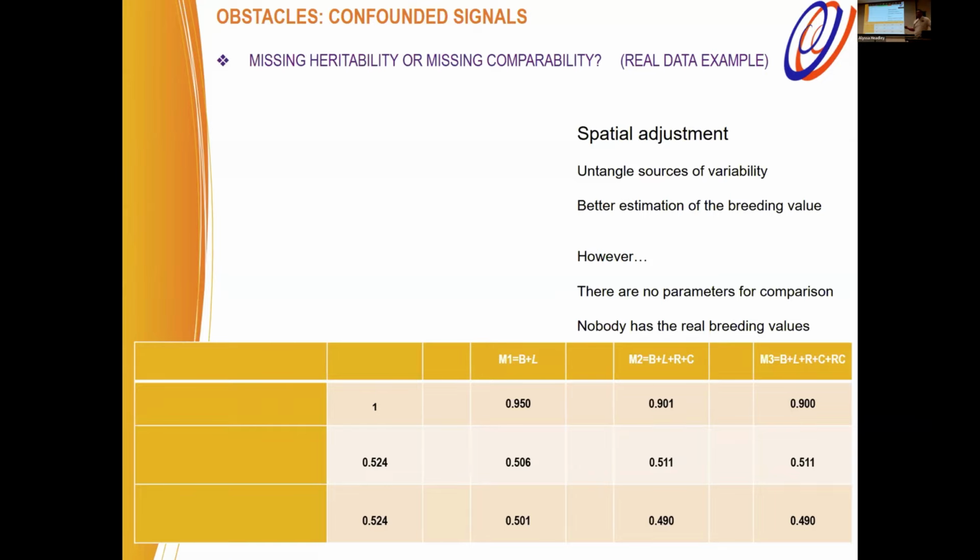When we compare with something that we try to extract from the experiment, the actual breeding value, it decreased to 0.051. And when we compare with a model that includes row column, that value decreases.